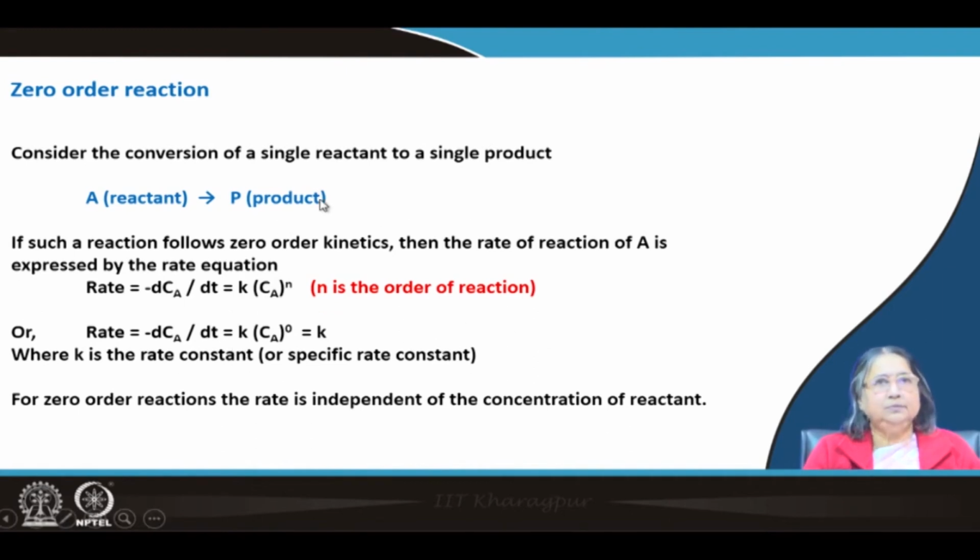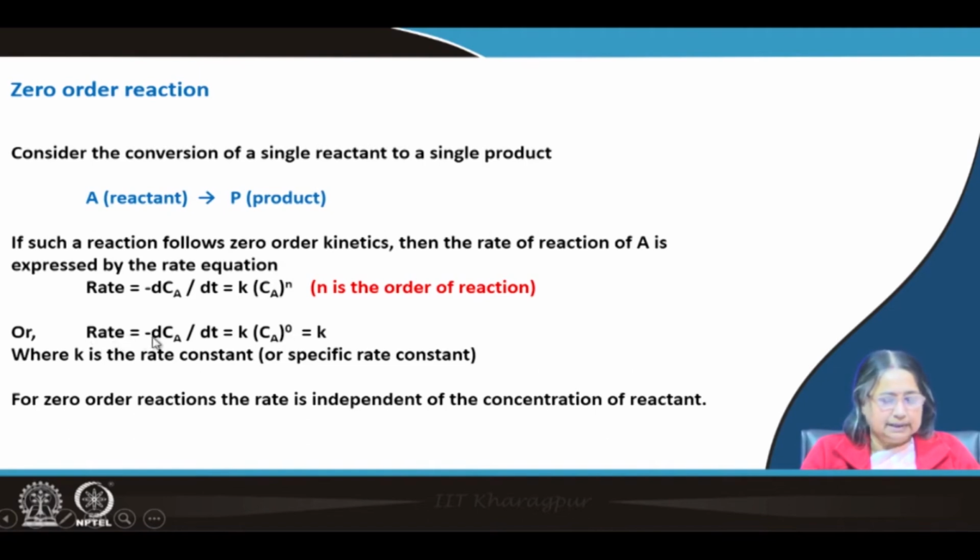Say for example, we consider a simple reaction where A is the reactant and P is the product. Say this reaction is following zero order kinetics. Then from the rate expression, the rate is nothing but k into C_A to the power n, because here the reactant is A. This is the rate law or rate expression, and because it is a zero order reaction, we can write C_A to the power 0.